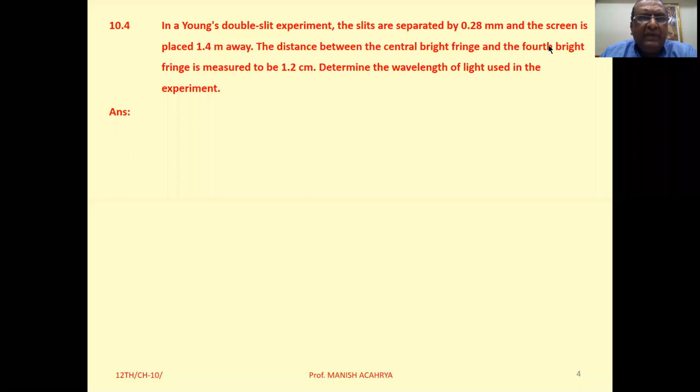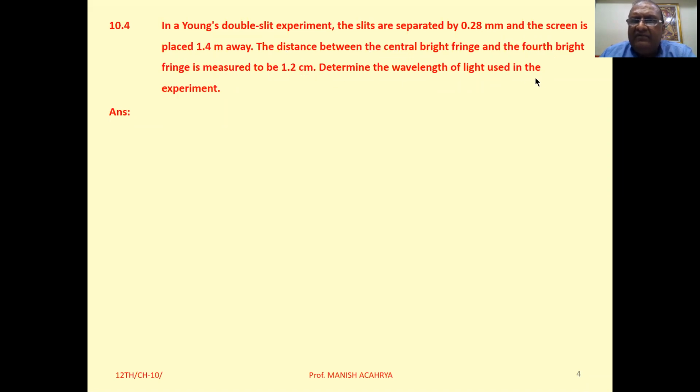Clear? Example 10.4. In a Young's double slit experiment, the slits are separated by 0.28 millimeter and the screen is placed 1.4 meter away. The distance between the central bright fringe and the fourth bright fringe is measured to be 1.2 centimeter.